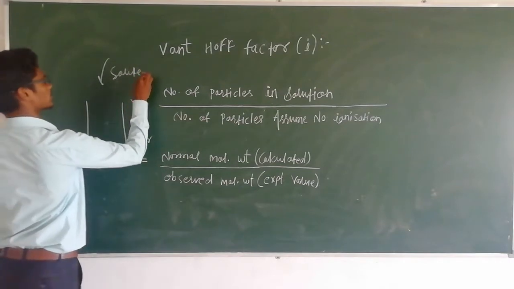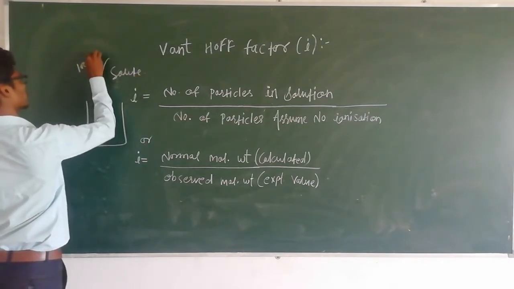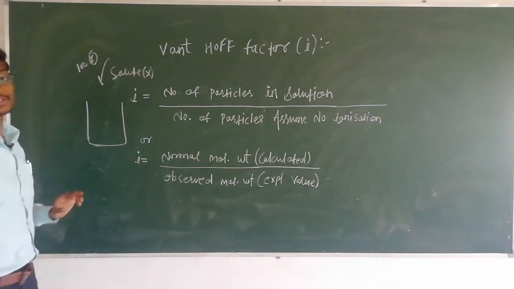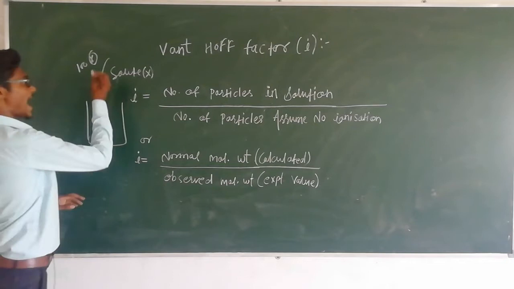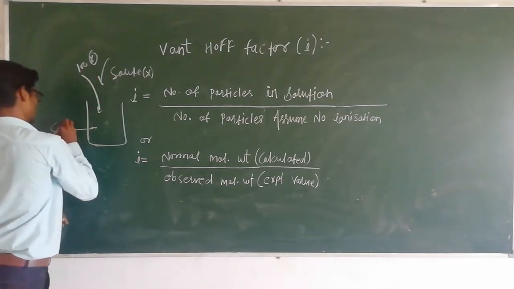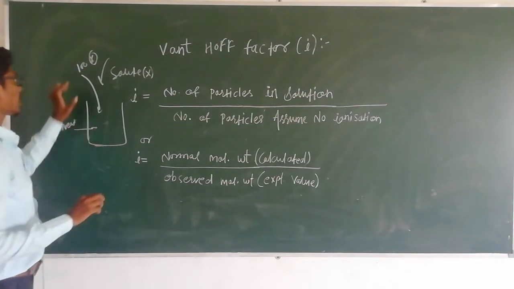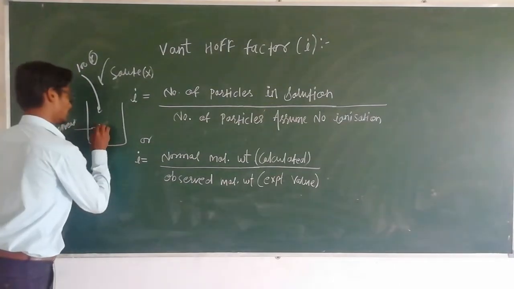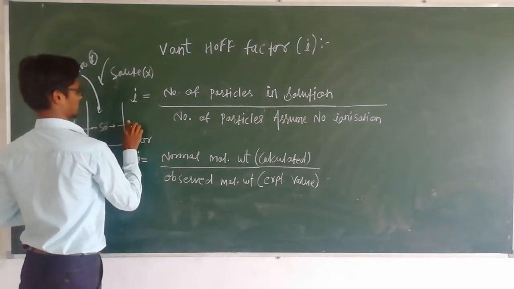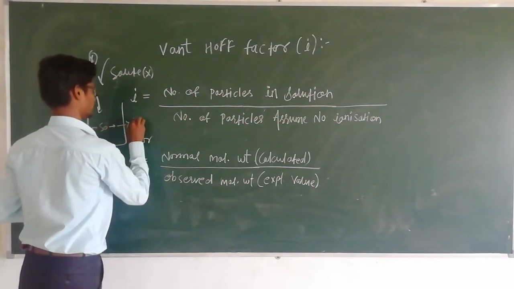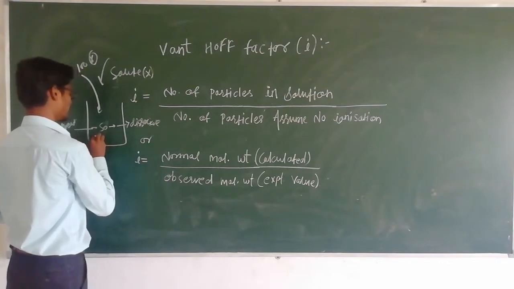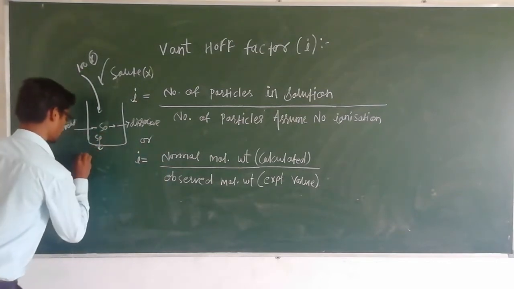Suppose we have 100 solute particles, denoted by the symbol X. If we add these 100 solute particles into the solvent, out of 100, 50 get dissociated and the remaining 50 are undissociated.